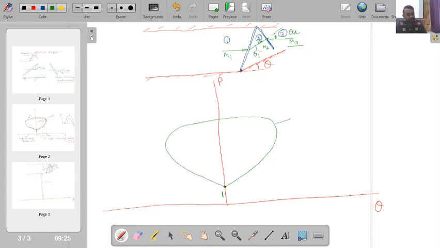This is the pressure deflection diagram for M1. Now what happened? When I moved from point 1 to 2, my flow deflected through plus theta 1. So this angle over here is plus theta 1, and this will be the pressure at point 2. Is this point clear? And this is my process 1 to 2.